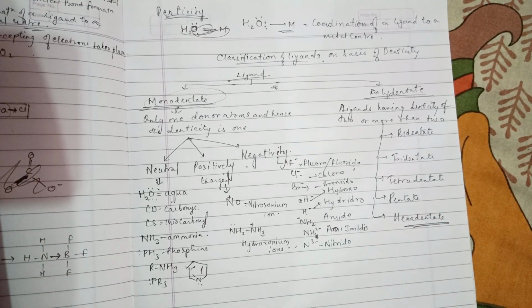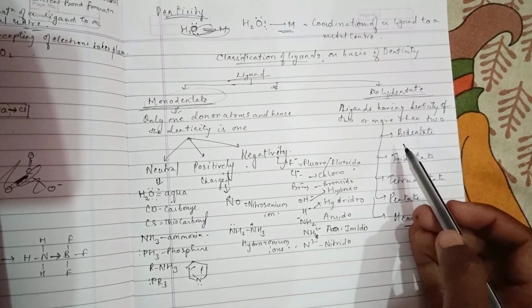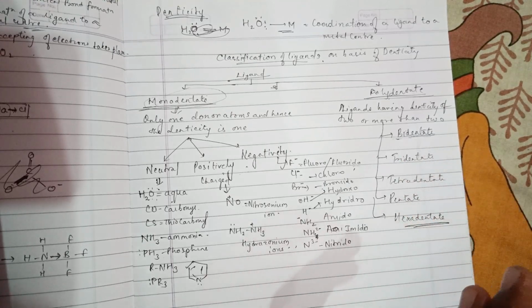Bidentate ligands are those ligands which have two donor atoms. Denticity means how many atoms in a ligand can donate to a metal atom. So in bidentate, there are two donor atoms that can attach to a single metal atom.